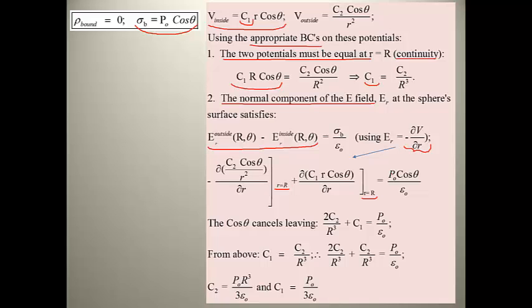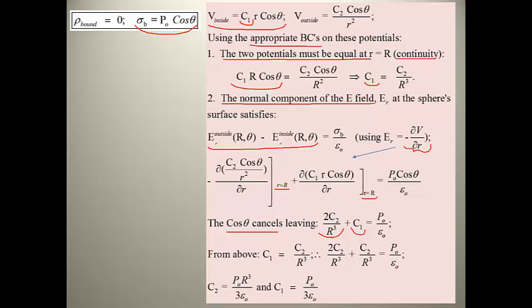So we put that right here, divided by epsilon naught, and we have a relationship between these two expressions and P0 cosine theta over epsilon naught. Notice that cosine theta is common to all of these terms, so we can cancel it out. We're left with this expression here: 2C2 over R cubed plus C1 is equal to P0 over epsilon naught.